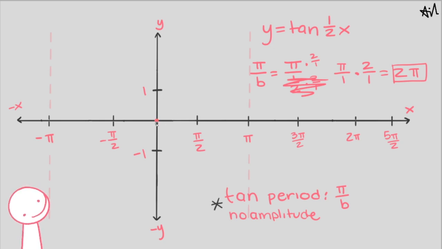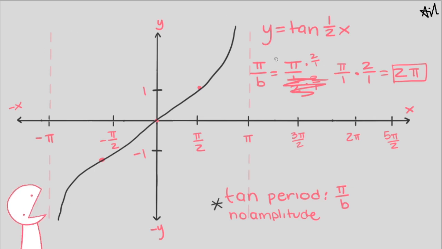So we know tan is going to be 0 in the middle, go up to 1, go down to -1, and that is how you would plot your tan graph. And this is what you would call a horizontal stretch.